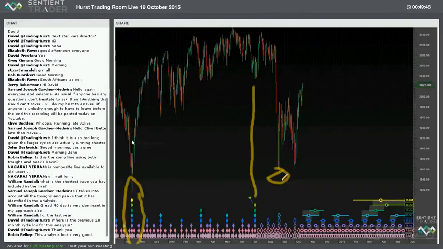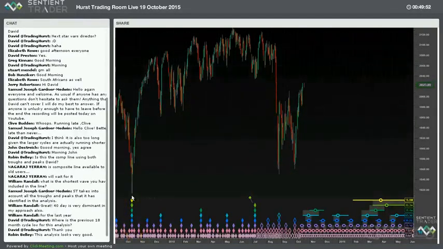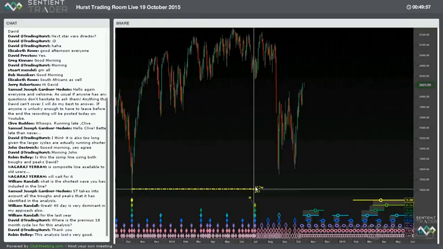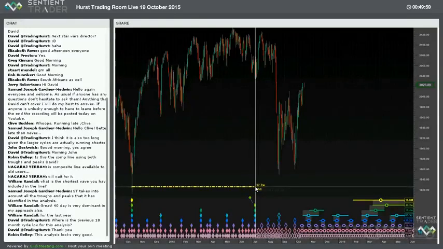And that position for the 40-week cycle, let me just measure it again, is sitting at 264 days. The average length of a 40-week cycle, as discovered by Hurst many years ago, and I rediscovered it when I started looking at his work, is 274 days.